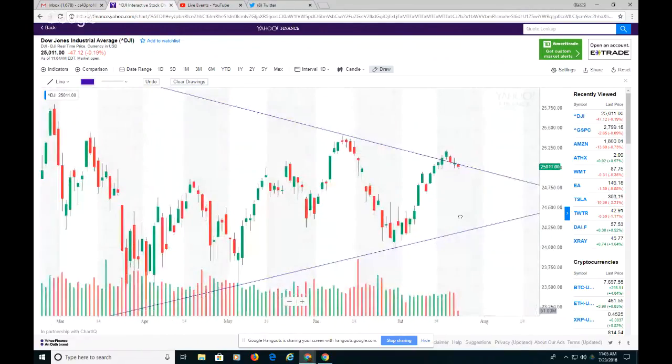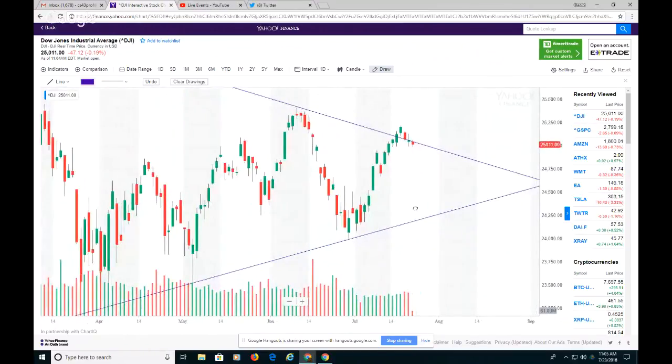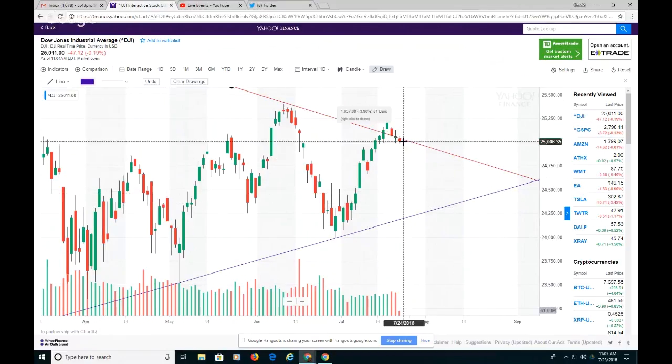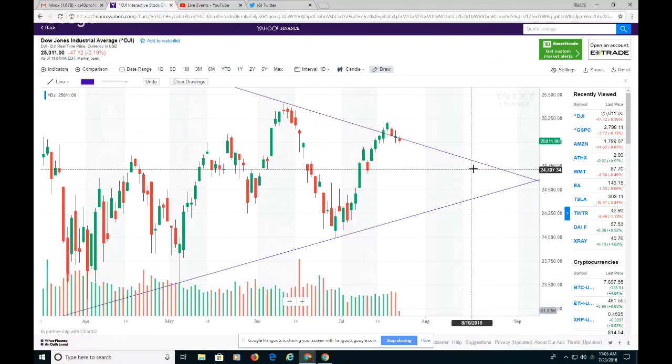Well, roughly until these two lines intersect, which would be September the 10th. Depending how you draw these trend lines, and you have a certain amount of latitude in how you draw them, the Dow could be in this coil where it's getting more tightly wound as we get into September.